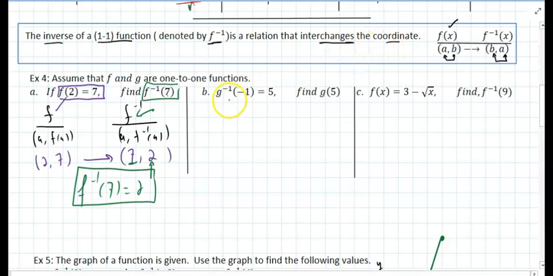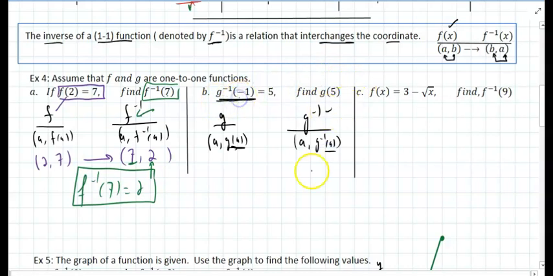Now, when I get to part B, I'm going to play the same game. And I always start with g and the inverse. So this is a, g of a. This is a, g inverse of a. So those are y values. When they say in the inverse, when x equals negative 1, the y equals a 5, all you have to do is undo what we did right there.